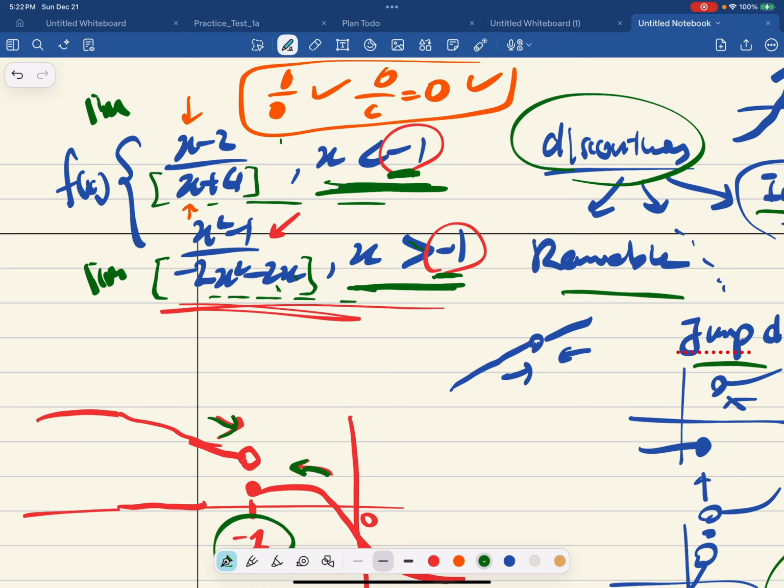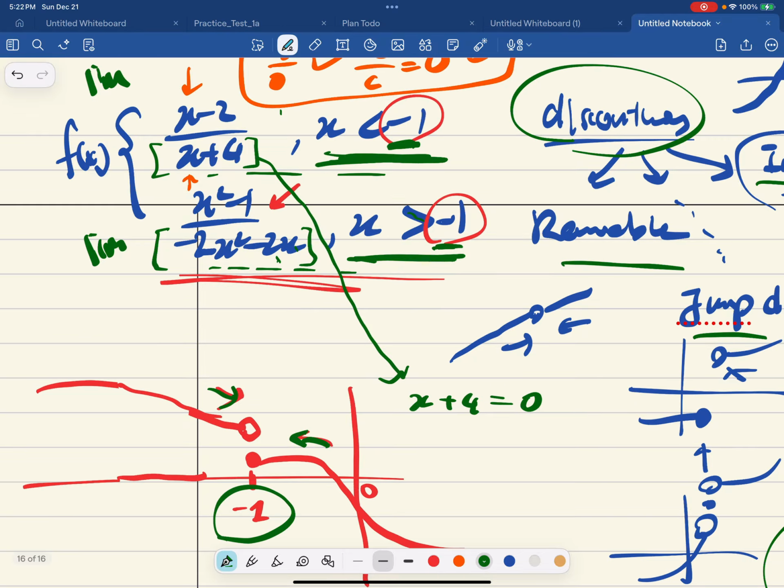So when the denominator is non-zero, the whole point of finding out if it exists or not is to just set the denominator equal to 0 and find out what that x is. So in this case, x equals -4.